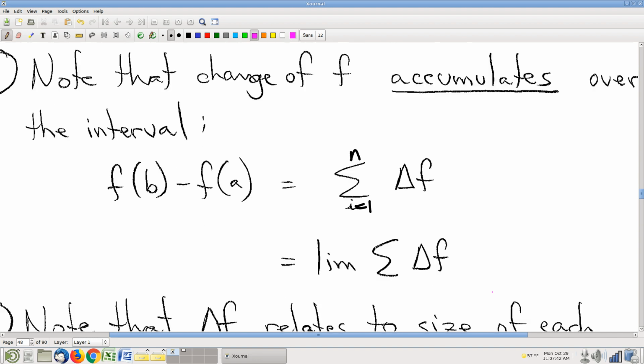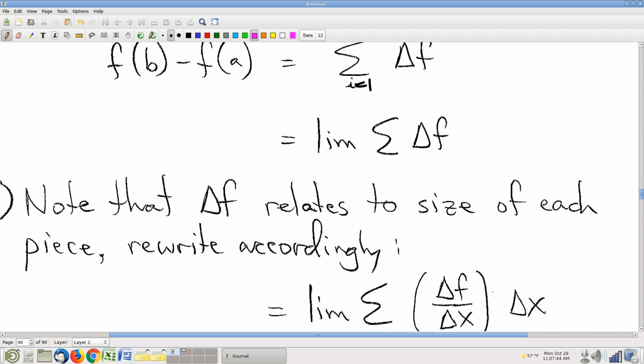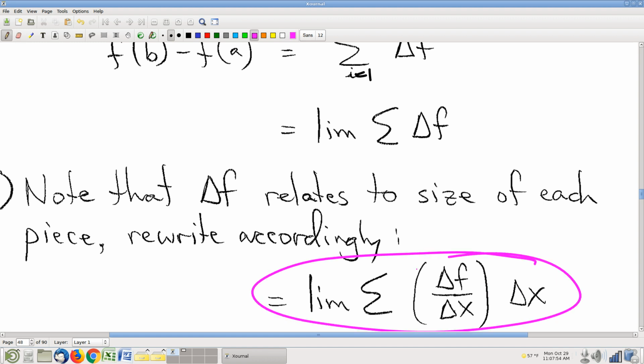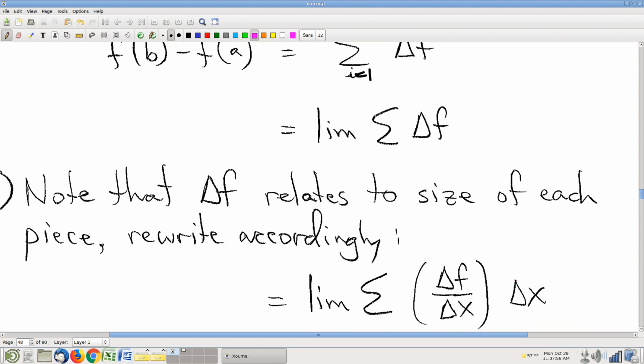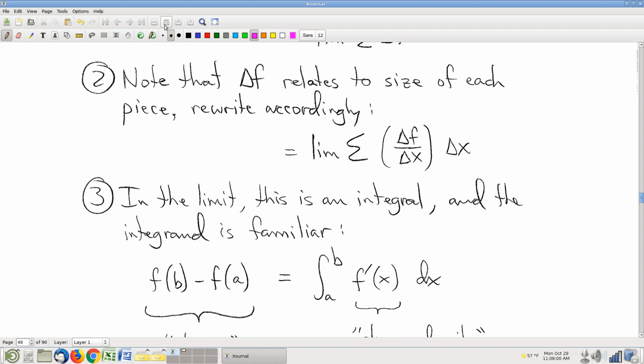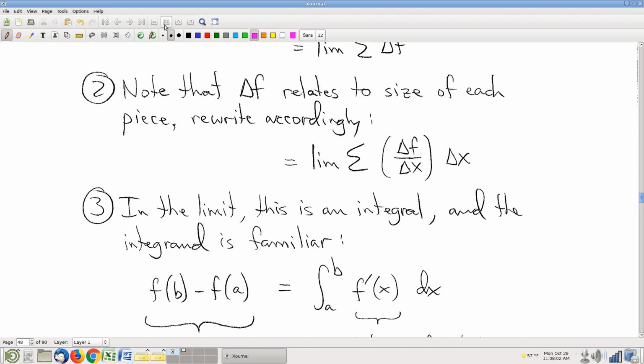But I can both multiply and divide by the same thing. That's legal. And now I've got what's going to be my differential, and this really does look a lot like a Riemann sum at this point. And so, let me zoom back out. This becomes an integral.